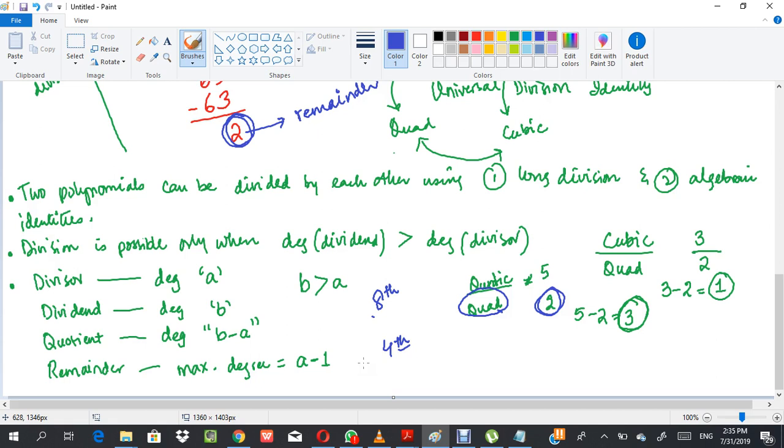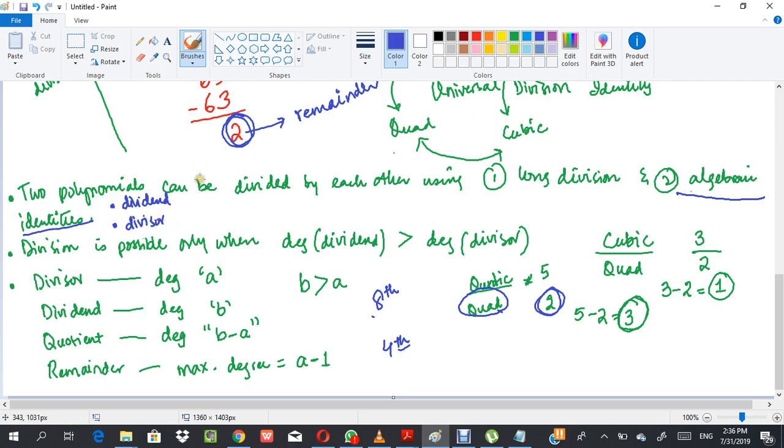Having said all this, let's see how we can divide two polynomials using algebraic identities. When we use algebraic identities to divide two polynomials, we are gonna have two things. Number one, we'll have the dividend. Number two, we will have the divisor.